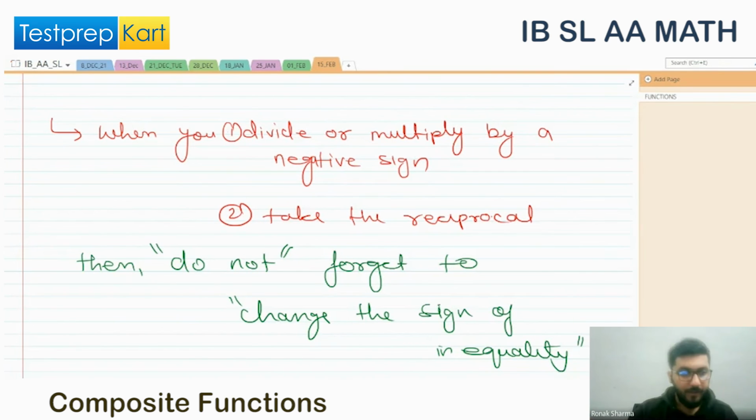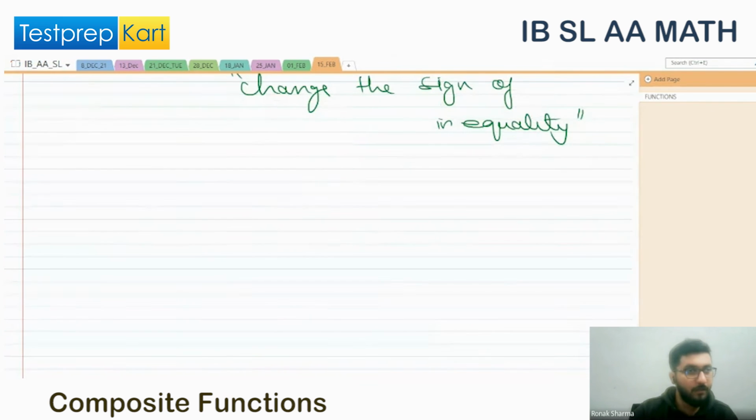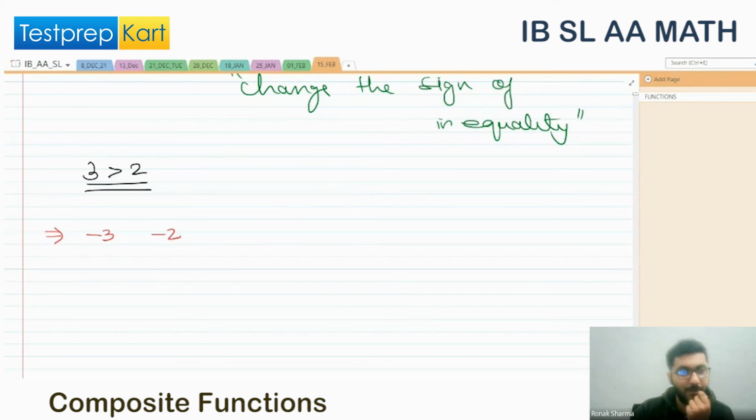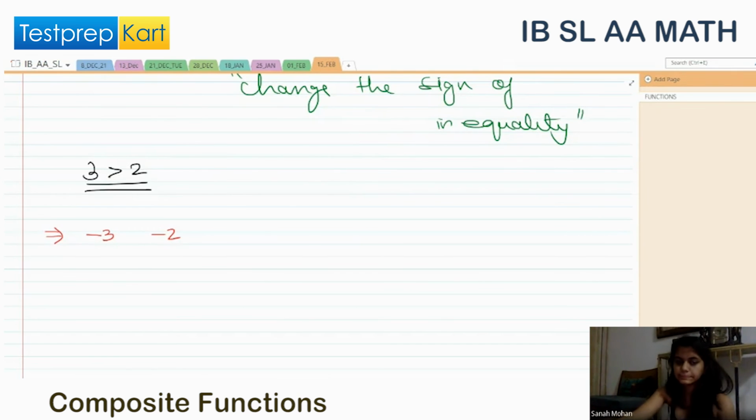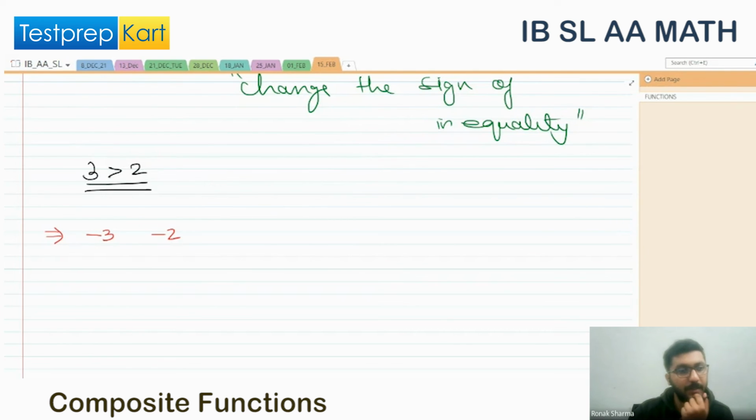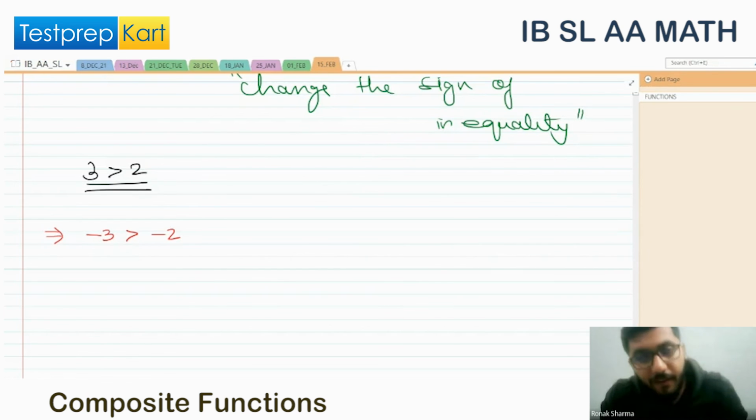Now see, so we know that 3 is greater than 2, right? If I multiply with a negative sign on both sides, this will become minus 3 and this will become minus 2. Now, if we simply put the greater than sign only, is it justifying?